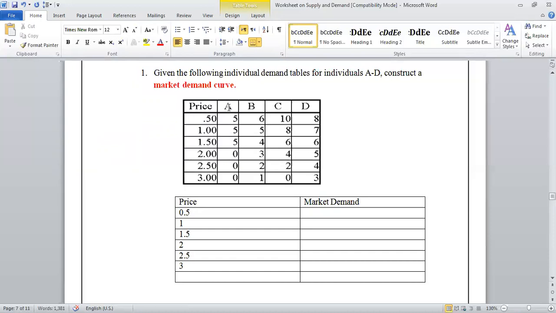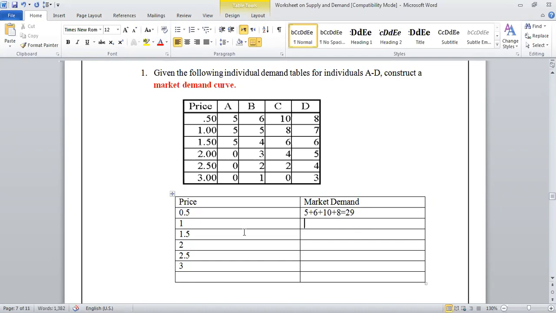Add the demand for person A plus B plus C plus D. At $0.50, person A's quantity demanded is 5 plus 6 plus 10 plus 8 for person D. 5 plus 6 is 11, 21, and 8, 29.